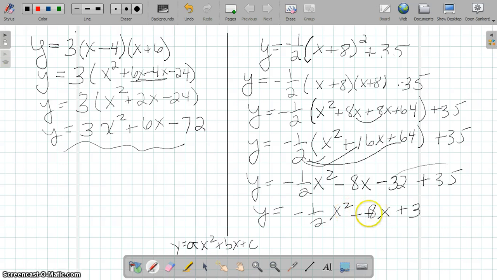Going from standard form to vertex form is a little bit harder. You have to complete the square, and I'm not so sure we're even going to do that in this chapter. So we're just going this direction. You're going to use some FOIL. I think you guys can handle it.